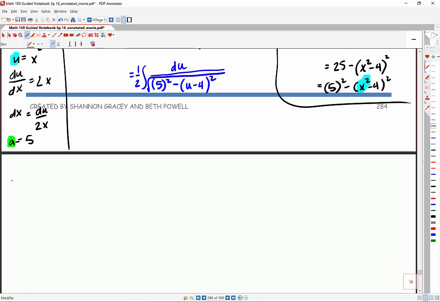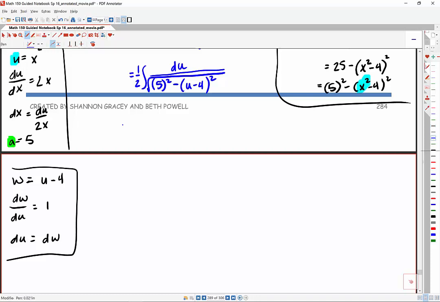So if we let w equal u minus 4, dw du would be equal to 1. So du would equal dw, right? And then you'd rewrite it as 1/2 times the integral of dw over the square root of 5 squared minus something else squared, which is now our w squared.